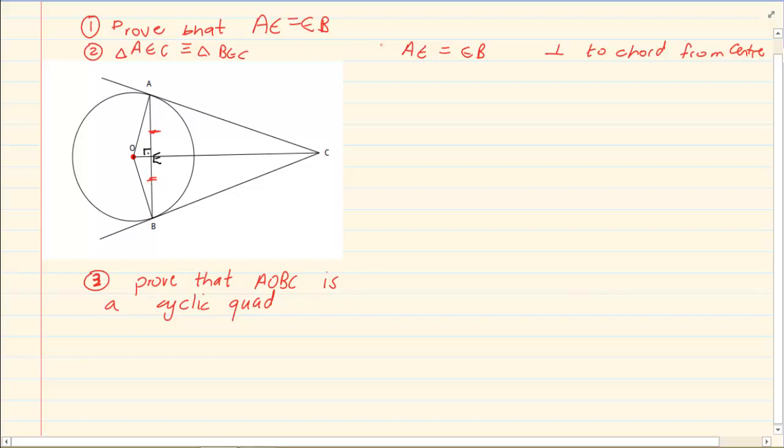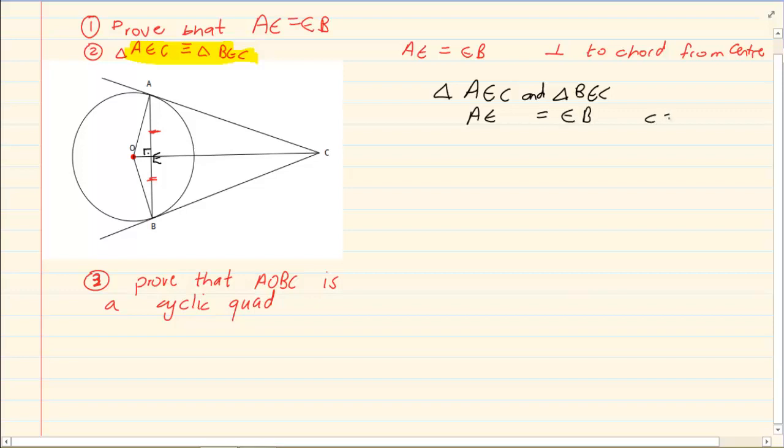Now how do we go to the second question that says AEC is congruent to BEC. Now in the two triangles, in triangle AEC and triangle BEC, we have that AE is equal to EB.